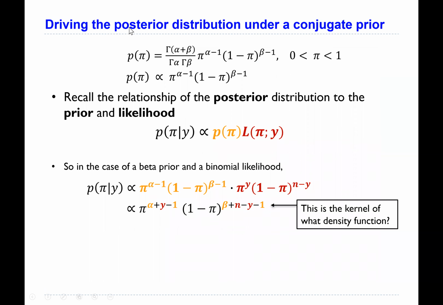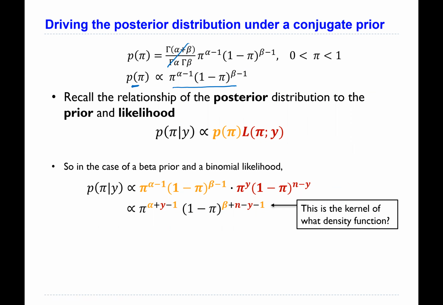So now let's derive the posterior distribution under a conjugate prior, which is the beta distribution. This is the beta distribution. This is the conjugate prior. I can get rid of the constant because I don't care about the constants. So the prior distribution for the population proportion is proportional to this part. So now I can use the Bayes rule again.